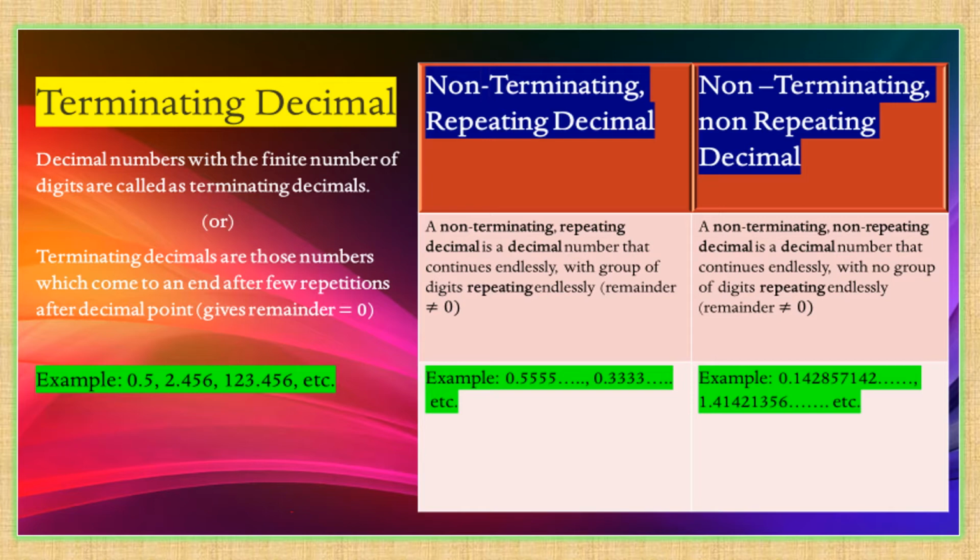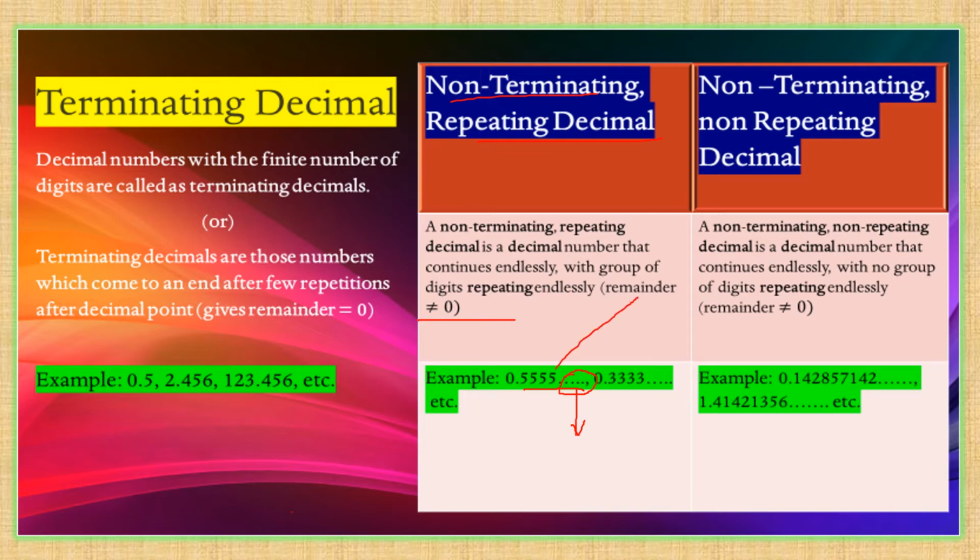Okay, first repeating. Here, first, non-terminating. Non-terminating means the remainder is not equal to 0. When the remainder is not equal to 0 and the same digit repeats like this, and if you observe, I put some dots here. These dots are saying that there is a continuation of this. When will there be continuation?